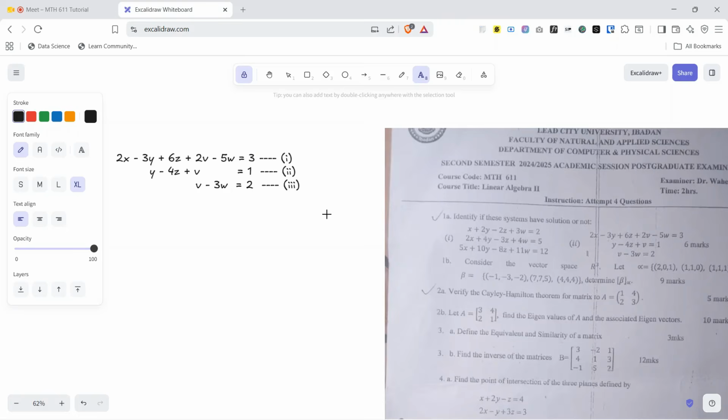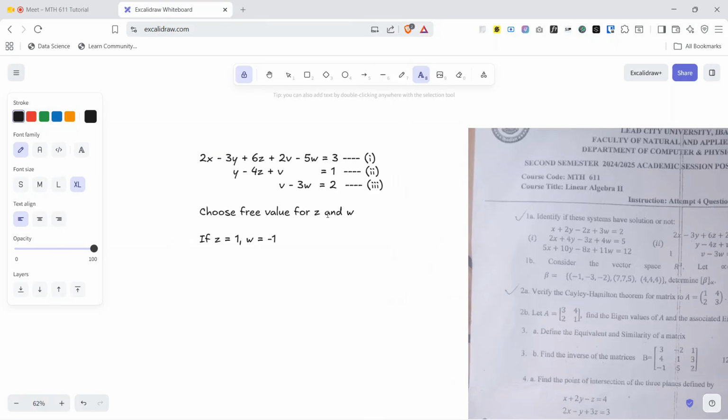But based on what is in the notes, we are told that we are going to choose free value for Z and W. And so the free value that was chosen is Z equals to 1, then W equals to minus 1.